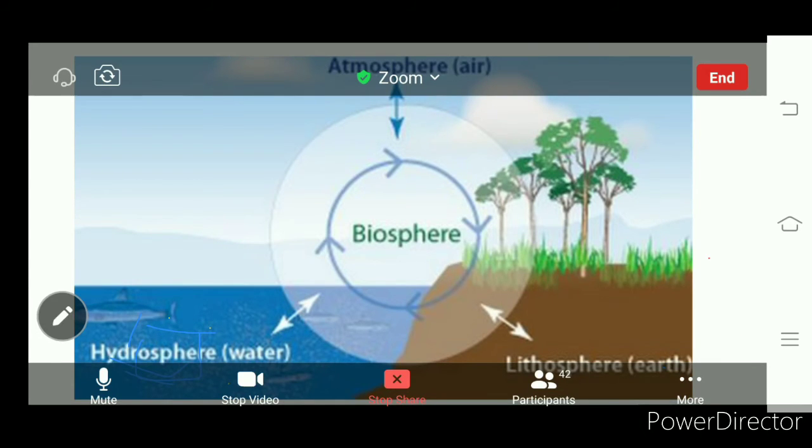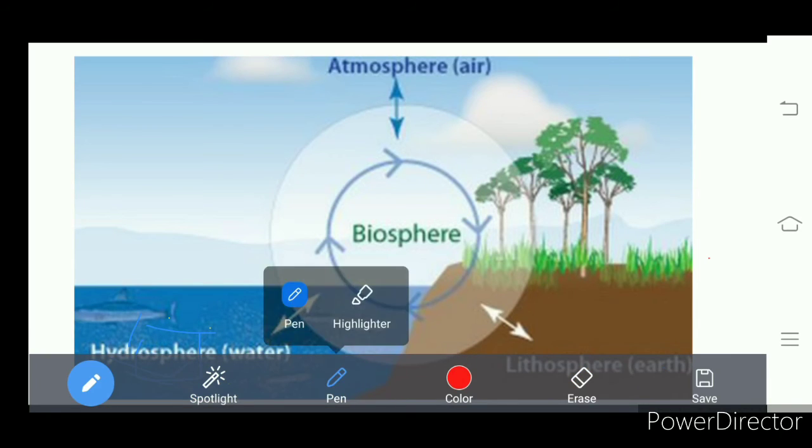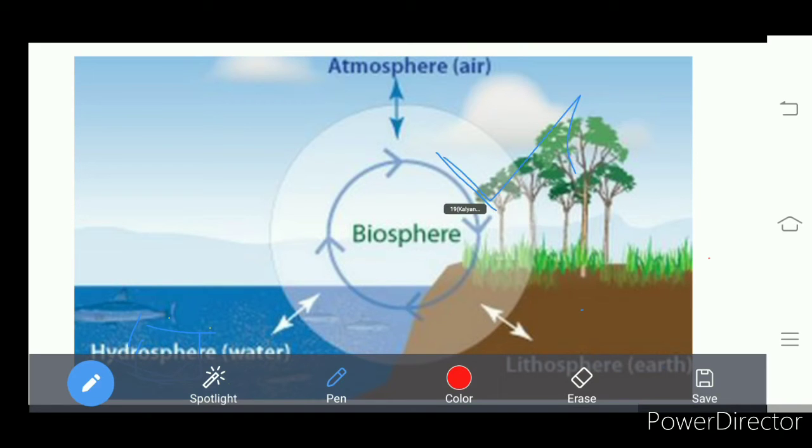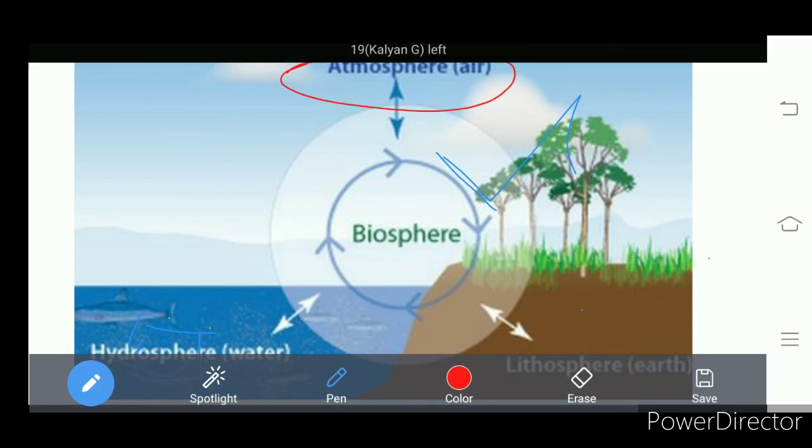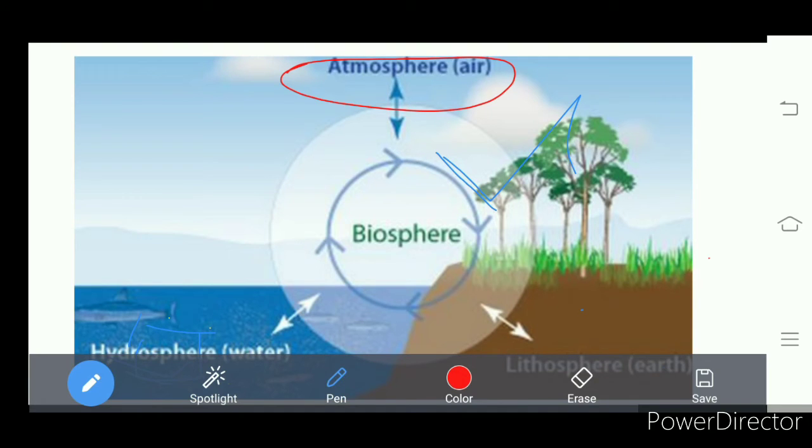Then third is atmosphere. Another important layer we find on earth, that is atmosphere. This is also a thin layer surrounding the earth.